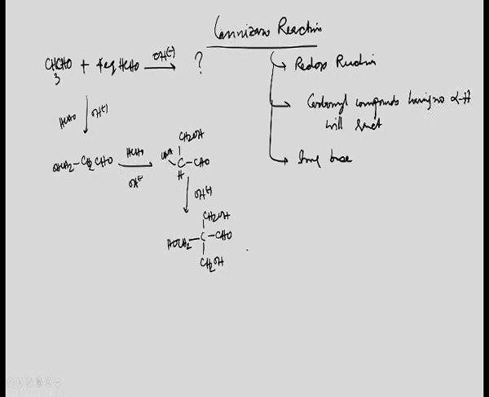Now if you see this one, here there is no alpha hydrogen, this is a quaternary center, no alpha hydrogen, and now the Cannizzaro reaction will happen.